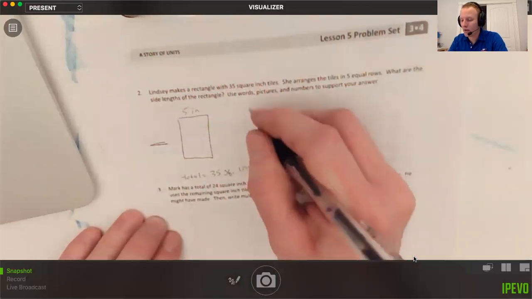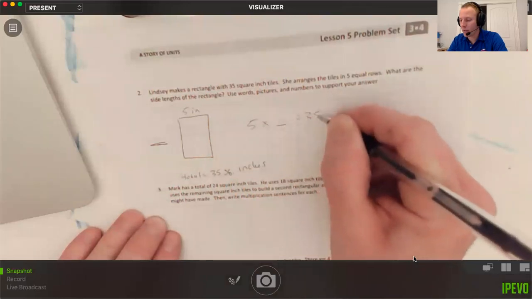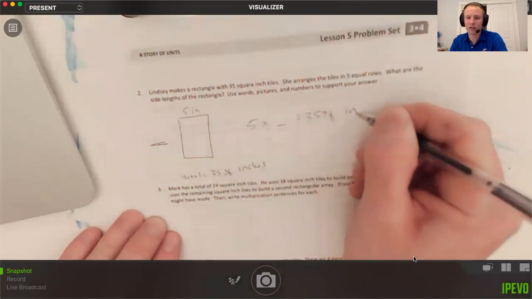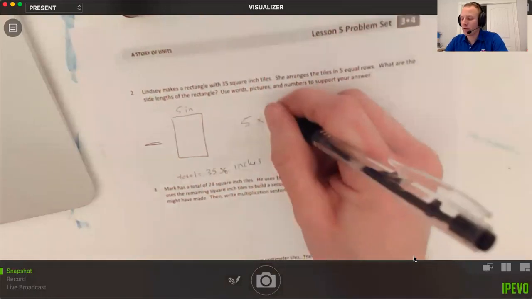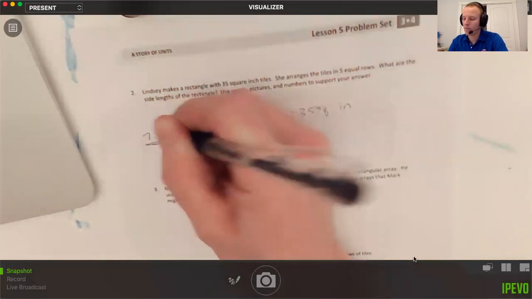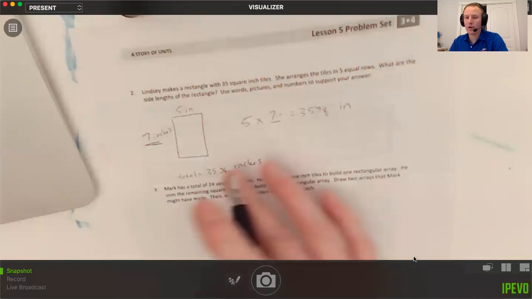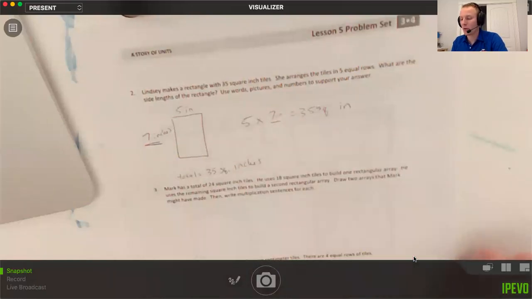I'd say 5 times some number equals 35 square inches. I'm basically replicating what we had on the front side, right? And I'd say the only thing that can go in there is 7 inches. So I have a picture, I have a number sentence, and I need to have some words, right?